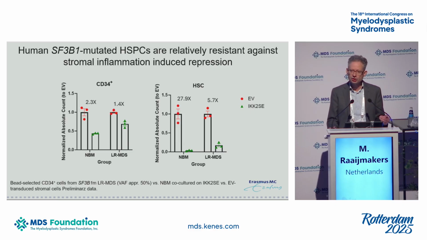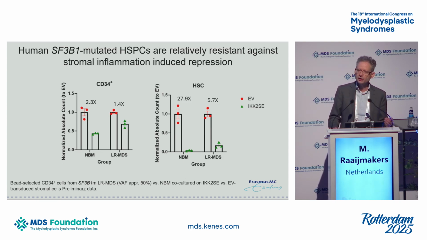These were from patients with approximately 50% VAF, so mostly SF3B1 mutated CD34 positive cells, but you can see it to a lesser extent. Although I would consider this preliminary data because it needs to be repeated, it may be indicative and in line with the notion that mutated cells may be relatively resistant to that suppressive effect of stromal inflammation.